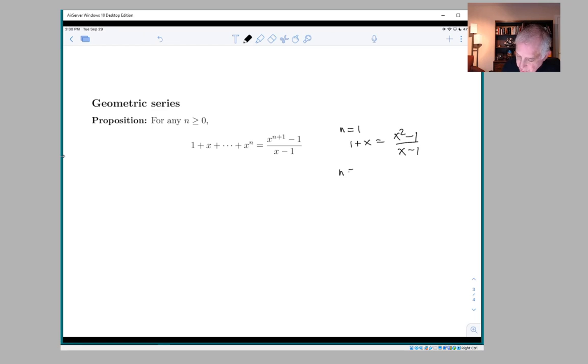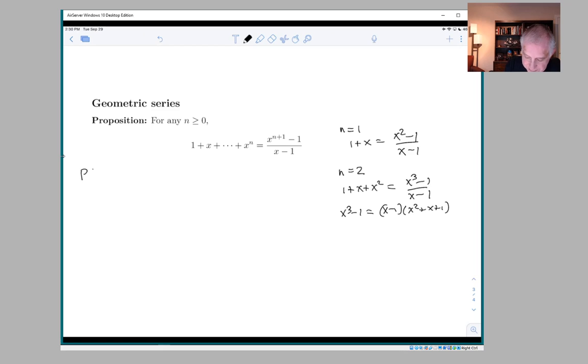And if n is 2, this says that 1 plus x plus x squared is x cubed minus 1 over x minus 1. In other words, x cubed minus 1 is x minus 1 times x squared plus x plus 1. And maybe you remember that from calculus. So this is the generalization. It's the finite geometric series.